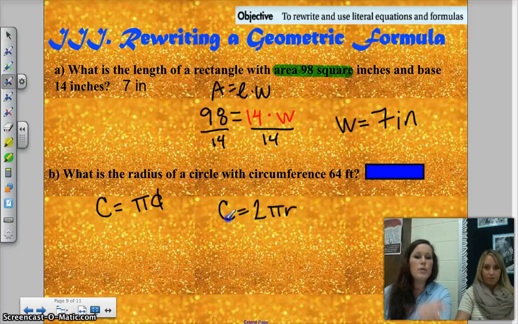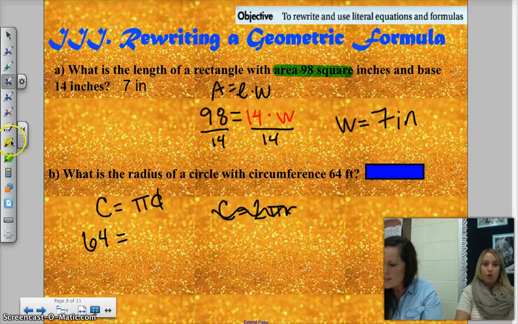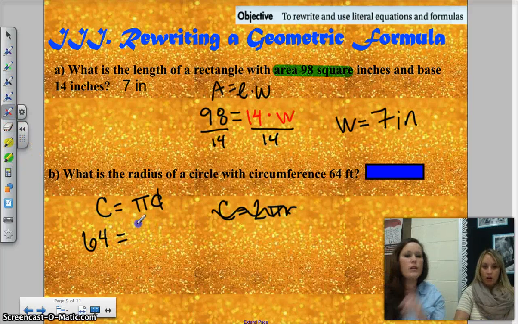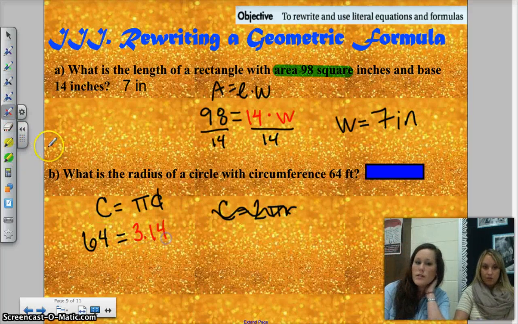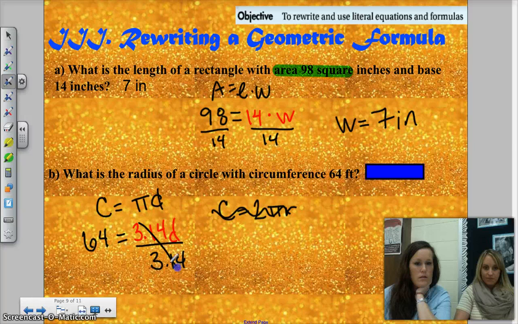I like diameter. Okay, so forget the 2 pi r. We're going to plug and chug. Circumference is 64, so 64 equals pi times diameter. In your book it says to use 3.14 as pi. So we're going to plug that in times diameter. And then we're going to divide by 3.14 to get D by itself.